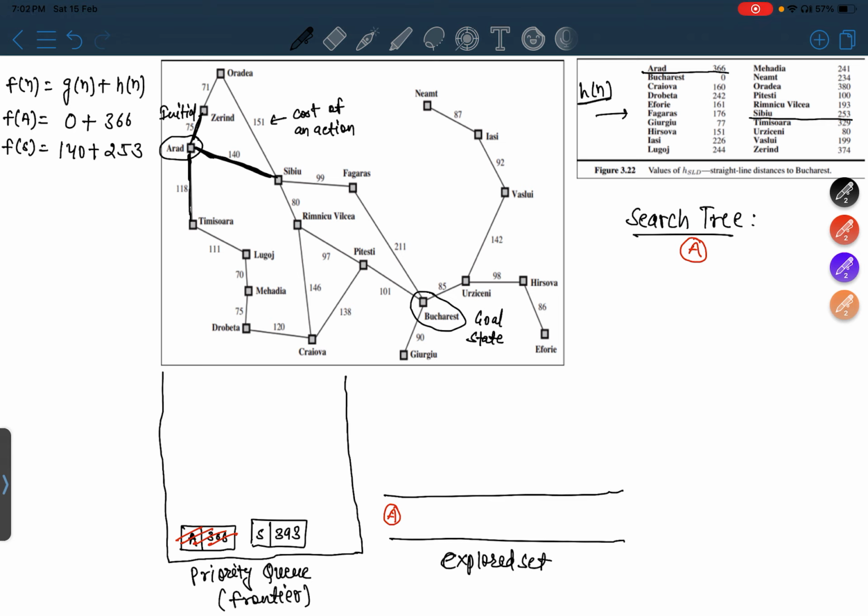Similarly, let's talk about t. So f of t: g of t is 118, plus h of t is 329. So it will be 118 plus 329, which is 447.